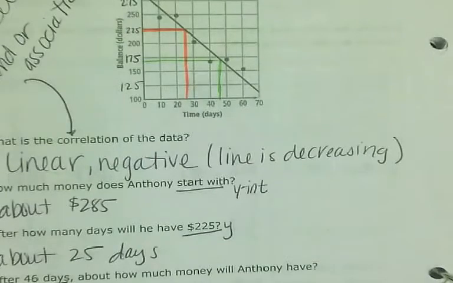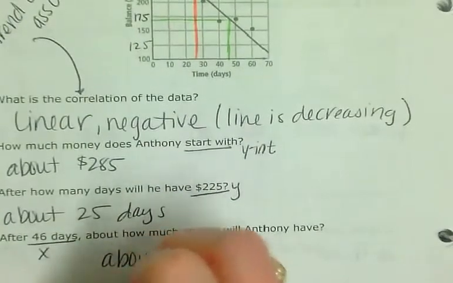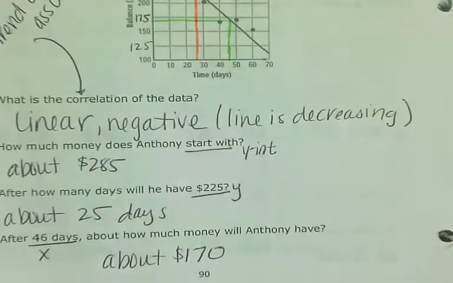So does 170 sound good? Yeah. Okay. So we could say about $170. Okay, so what we did is we used our trend line to answer those questions to make our predictions, right?